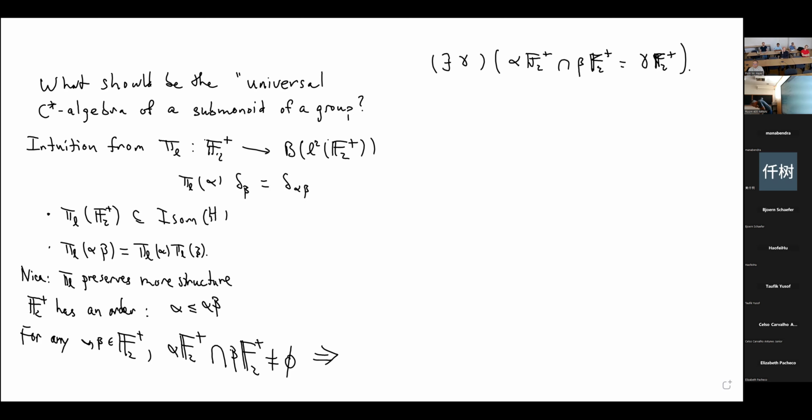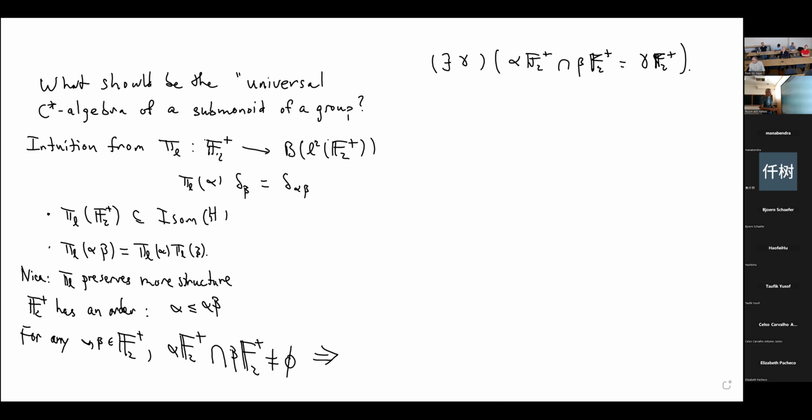And gamma is equal to alpha or beta, depending which is longer. In this case, the only way this could happen is if one of them actually extends the other.